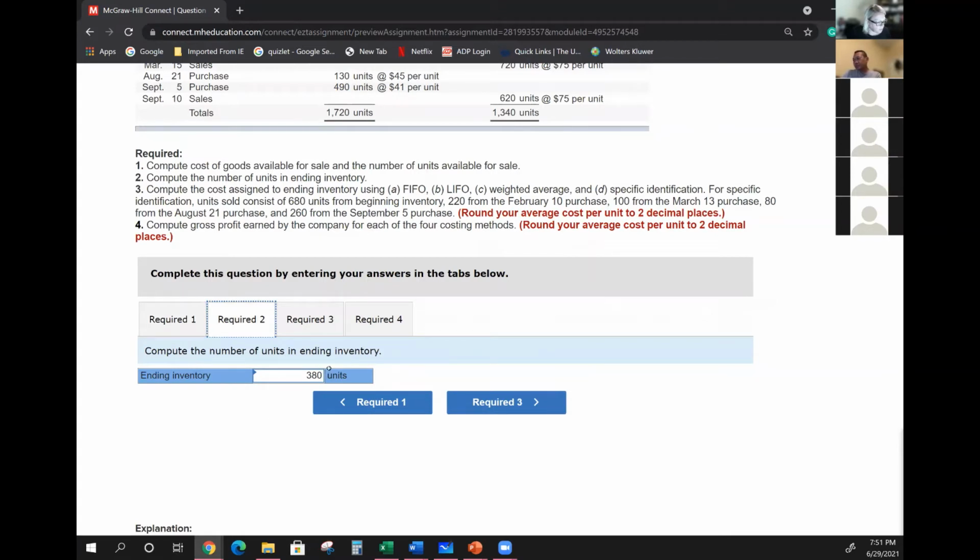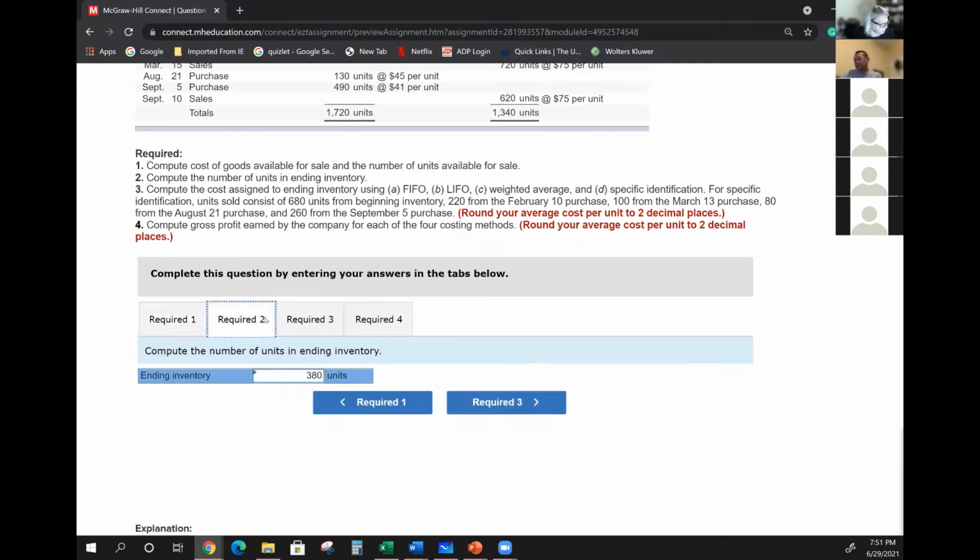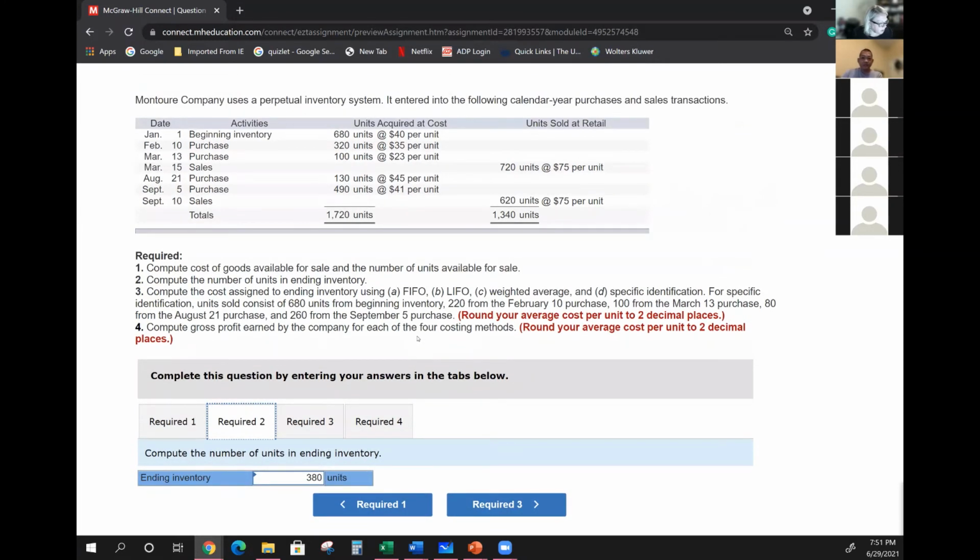Okay, compute the number of units in ending inventory. So we had 1,720 and we sold 1,340. That's where the 380 is coming from.